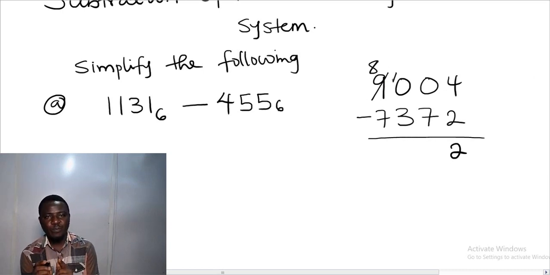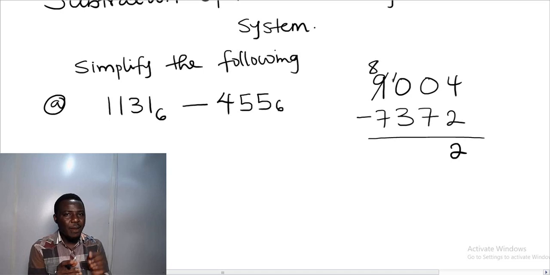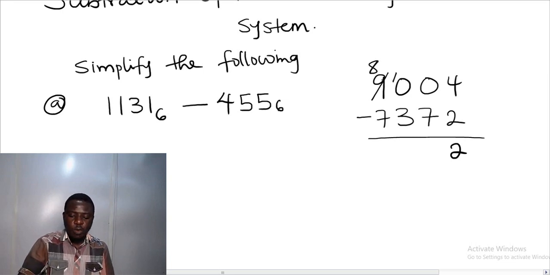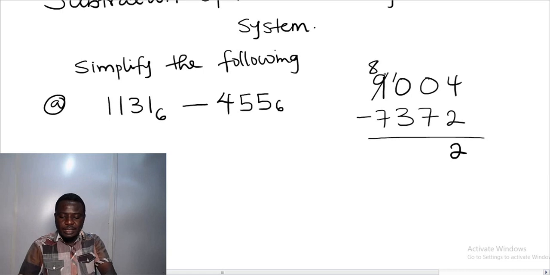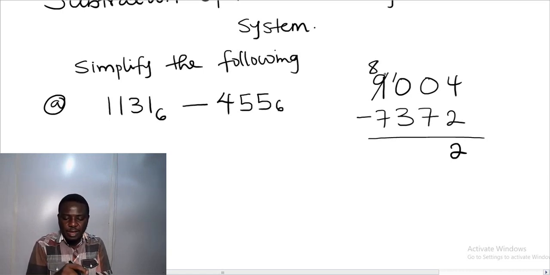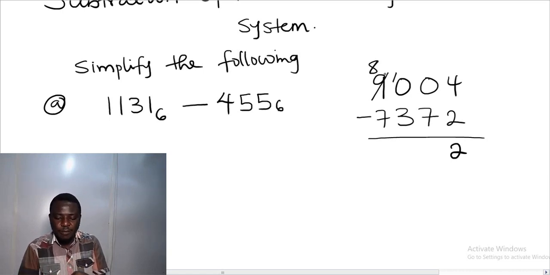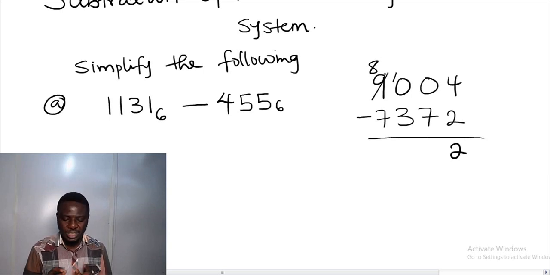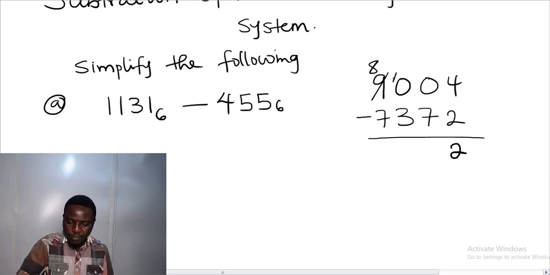Now that 1 you borrow, we said it is 10 because of the number base system we are dealing with, which is base 10. So whatever you are borrowing is equivalent to the base. That is why what we borrowed here, which is a 1 digit from the higher place value, is equivalent to the base of that place value, which is 10. So this gave us 10.